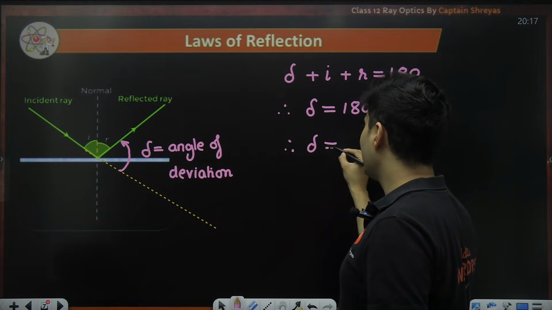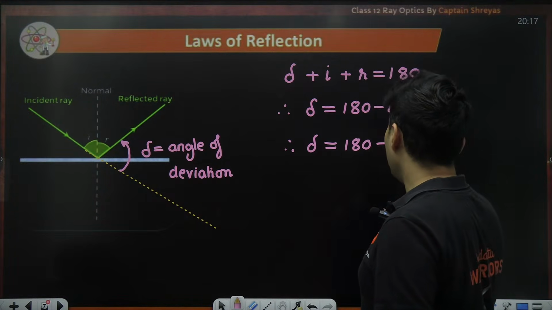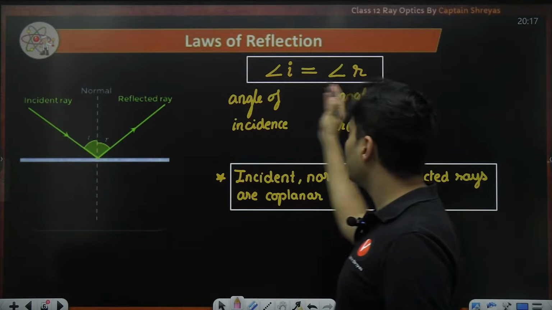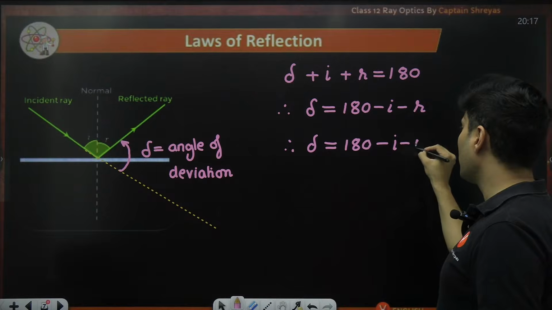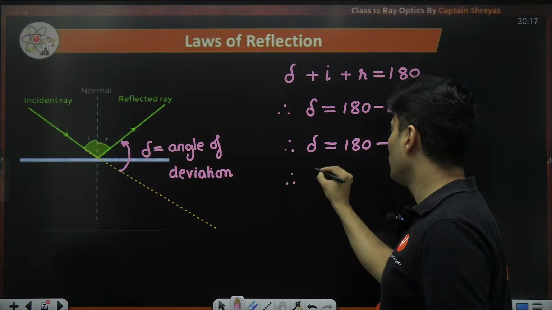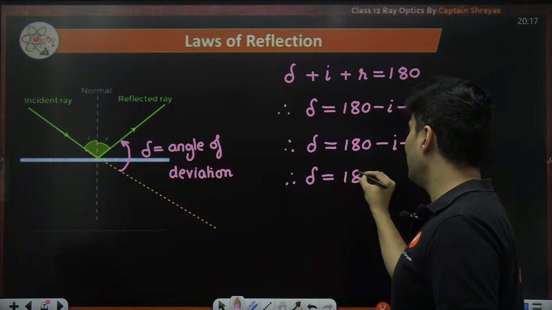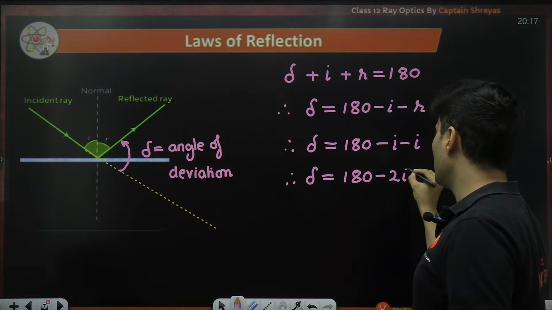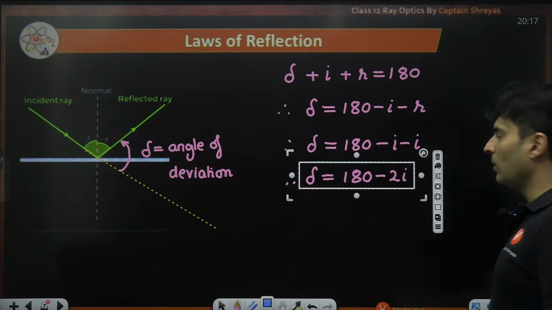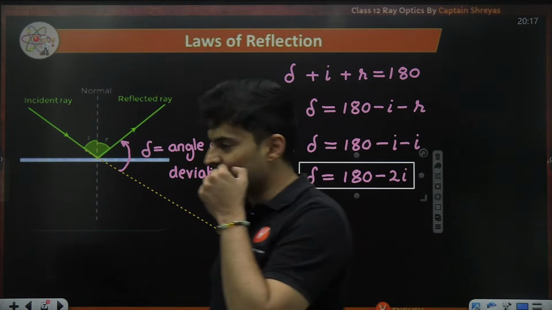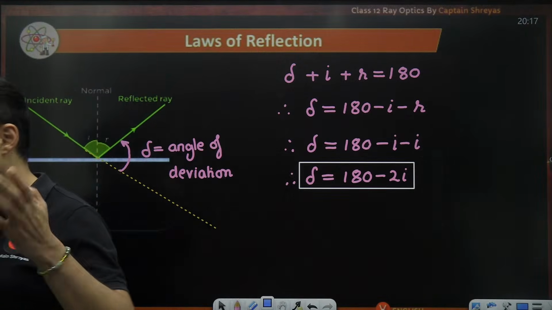Therefore, one second over here, guys, I and R are equal. That was exactly the first law of reflection. So I and R were equal. So I minus I, 2 times. So it will be nothing but 180 minus 2 times I. That is the formula for the angle of deviation.